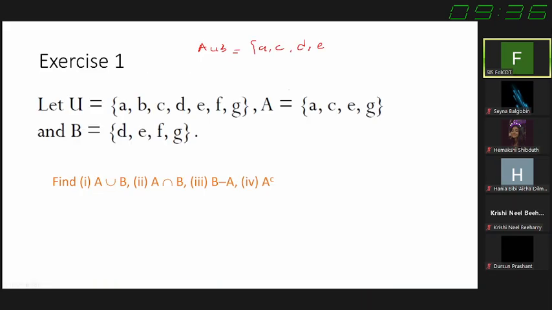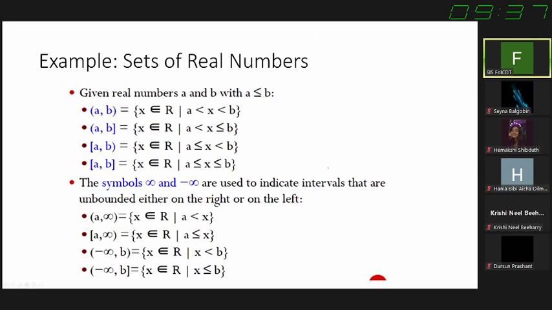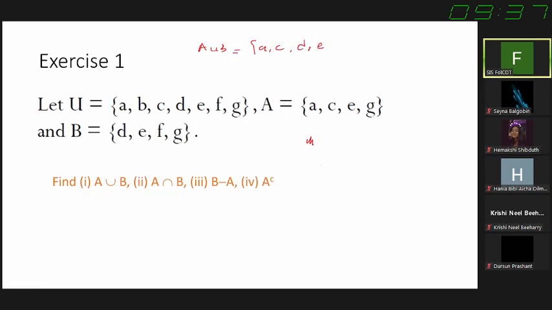So A union B would be A, C, D, E, F, G. Totally agree with you. I don't know what's going wrong with my slides today. Just give me a second, trying to sort this.